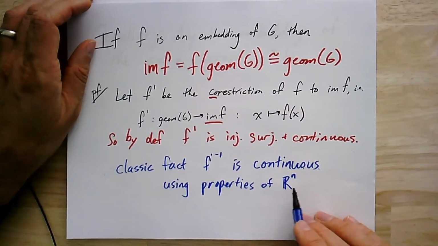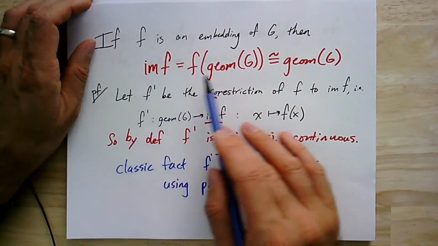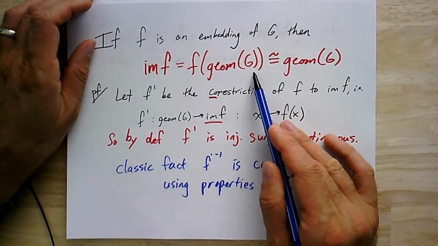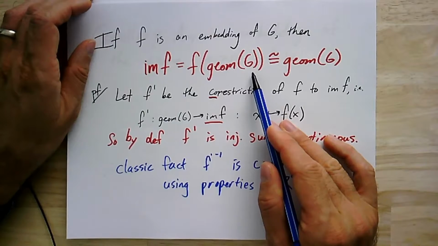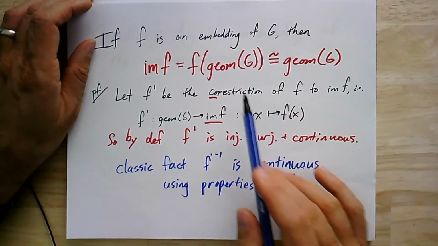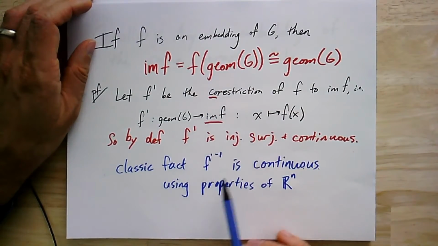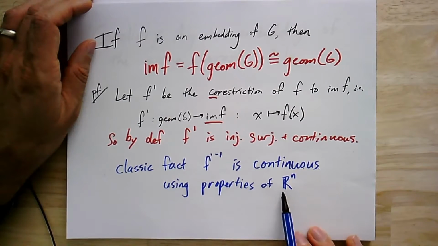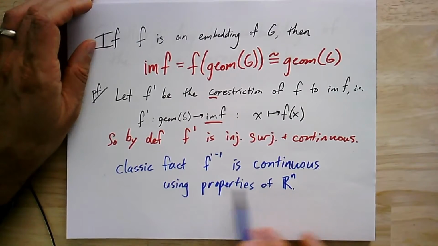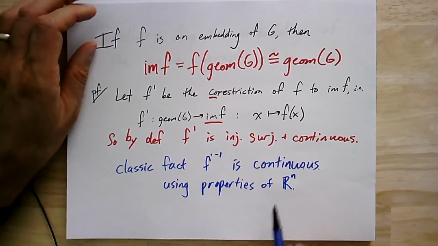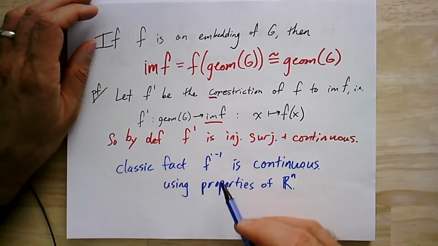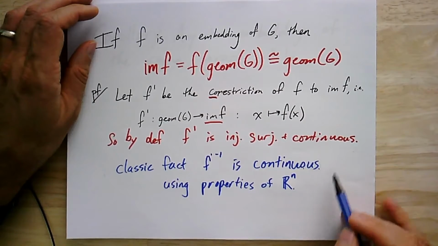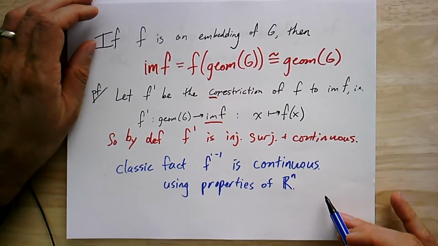I won't go into the definition here, but the geometric realization is in topology what we call a compact set, and continuous bijections from a compact set into a Hausdorff space always have this continuous inverse. So if you know a little topology, you'll recognize this fact because it's a basic fact in point set topology.